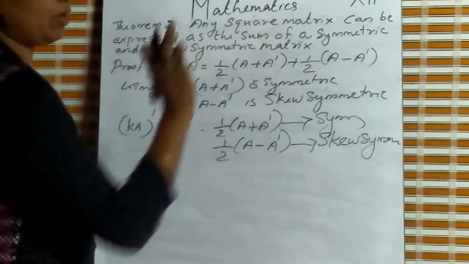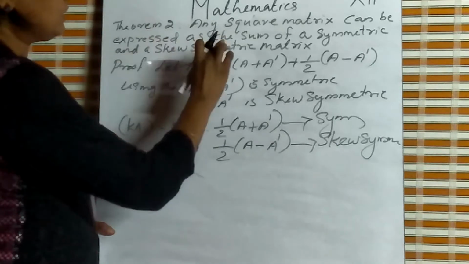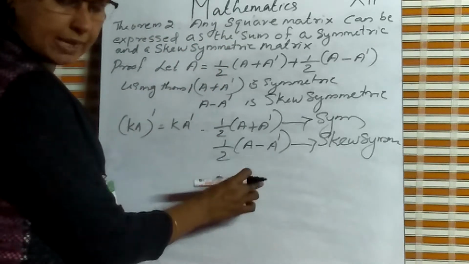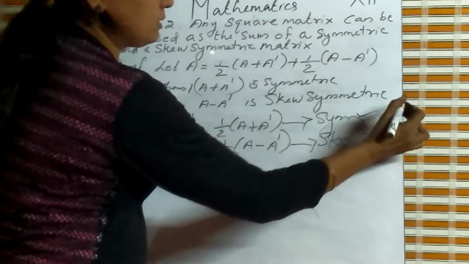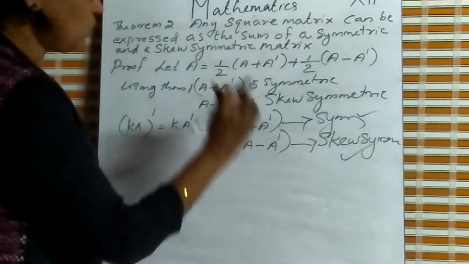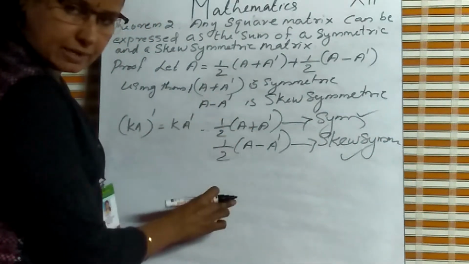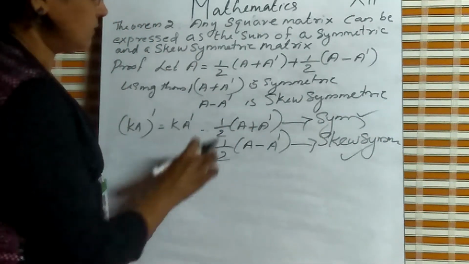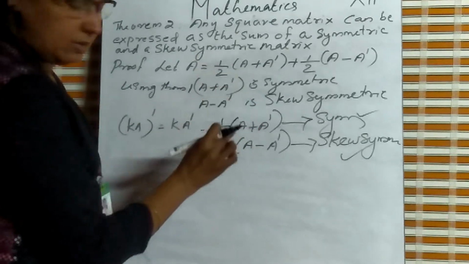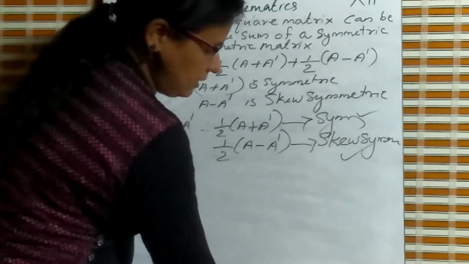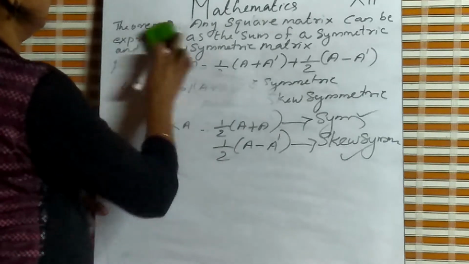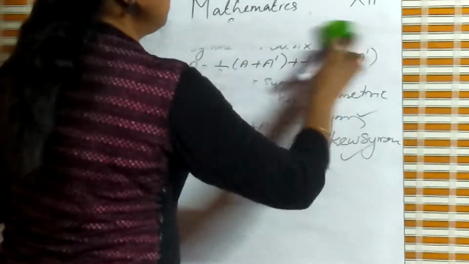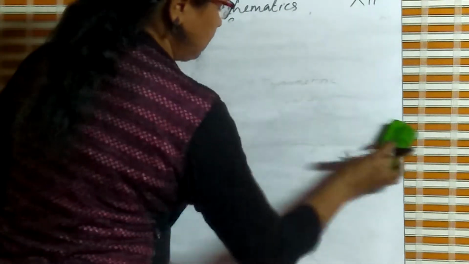That means any square matrix can be expressed as the sum of a symmetric and a skew symmetric matrix. This one is symmetric, this one is skew symmetric. Proof is over. Then we have a problem based on this theorem.